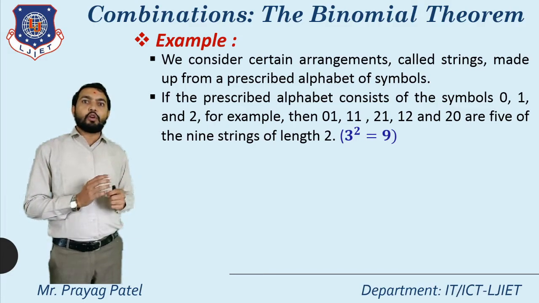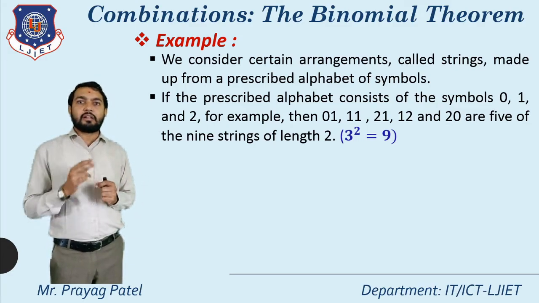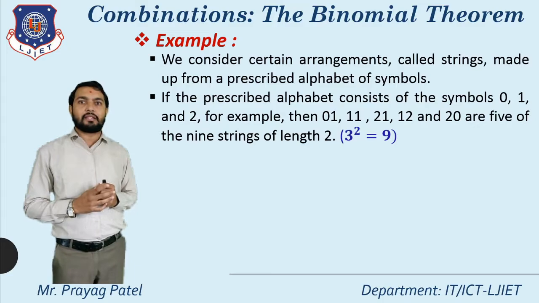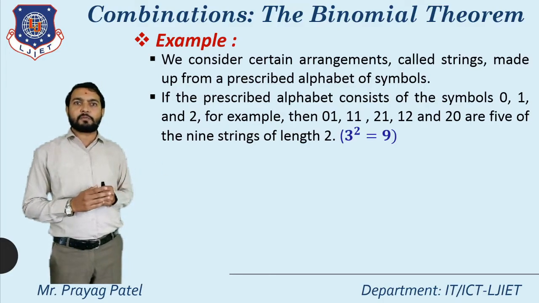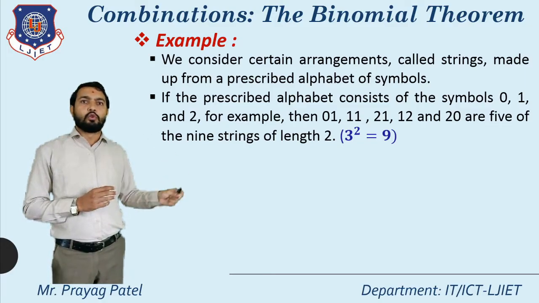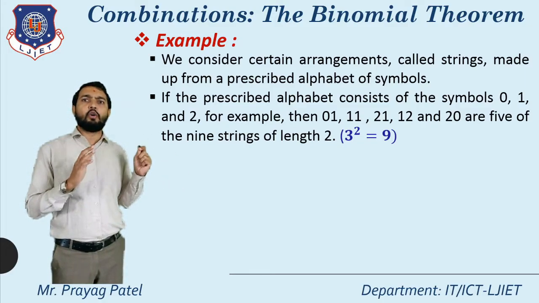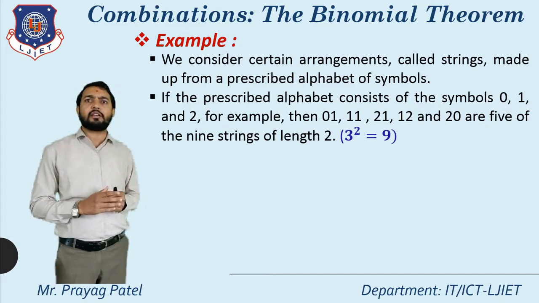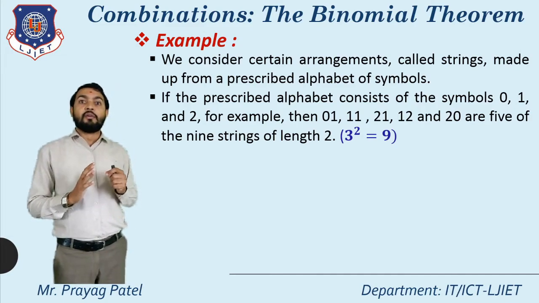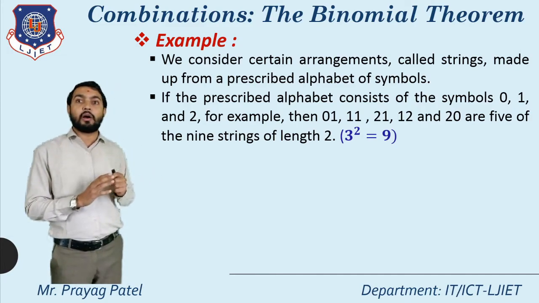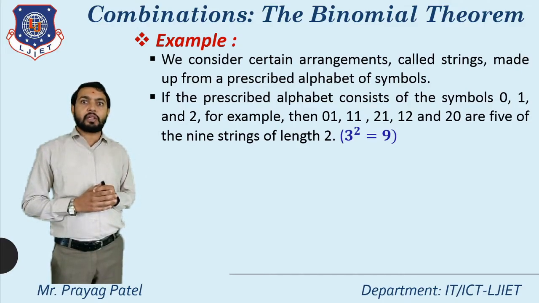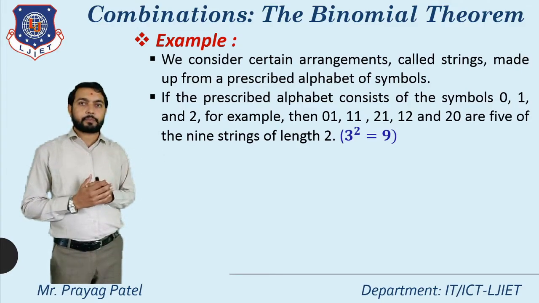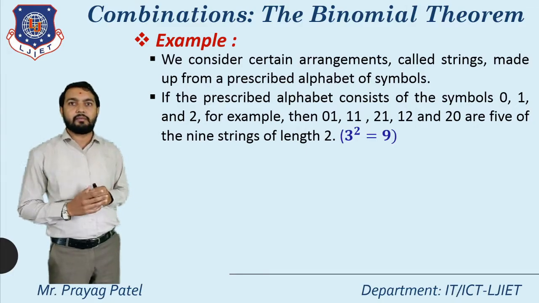Then you have to consider two elements, that is, find strings of length two. The different possibilities are 01, 02, then 12, 21, like this. So how many different possibilities are there? In total 9 possibilities for finding two elements from the available 3 elements. That means we can say 3 squared, so 3 squared equals 9.